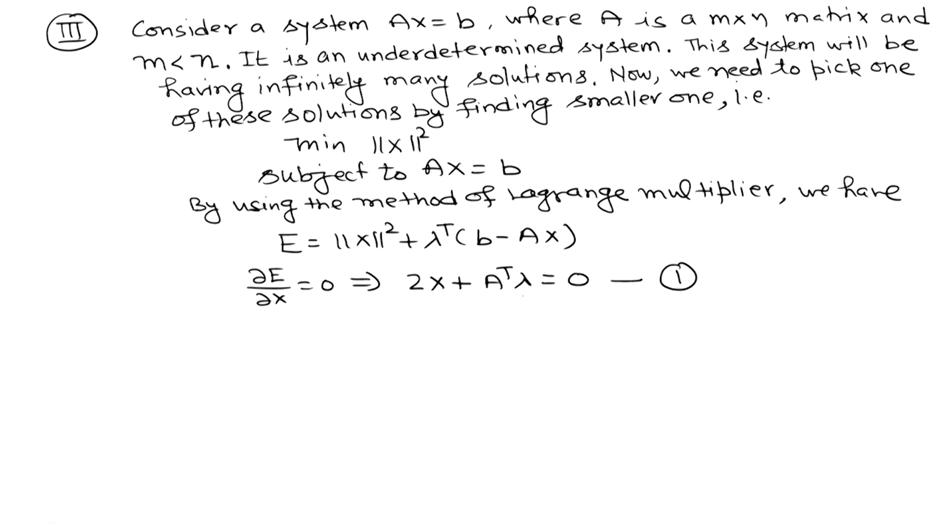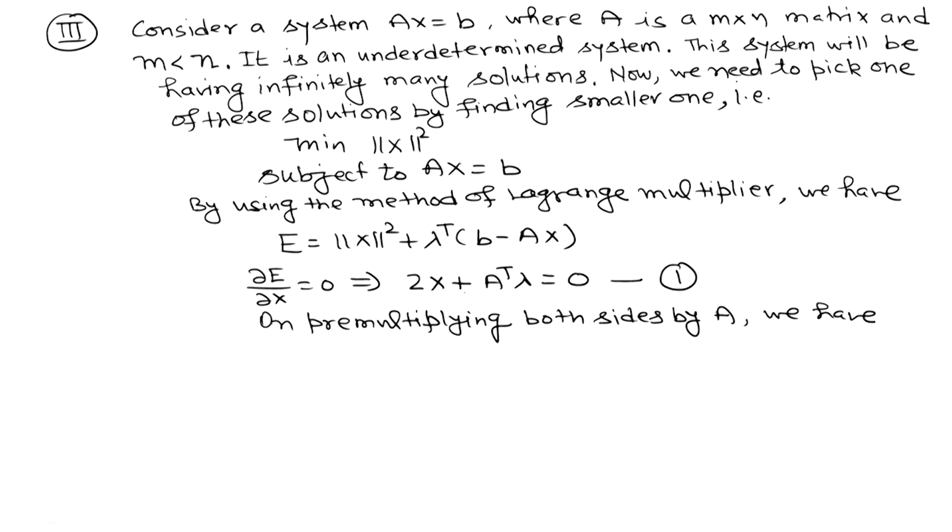So, what I will do, on pre-multiplying both sides by A, I will be having 2Ax plus A into A transpose into lambda equals to 0, and sorry, it will be minus, because Ax with minus sign here, and similarly this will be minus.